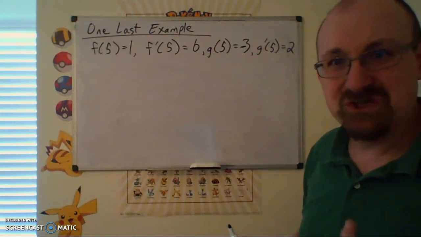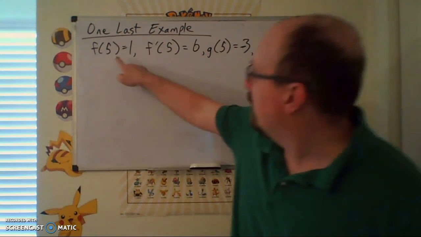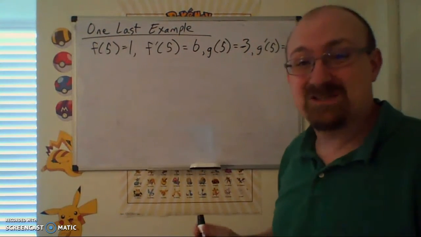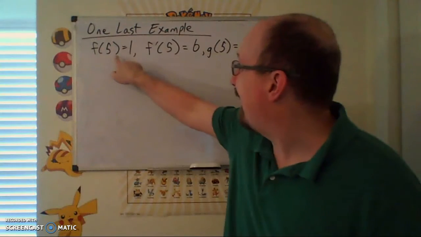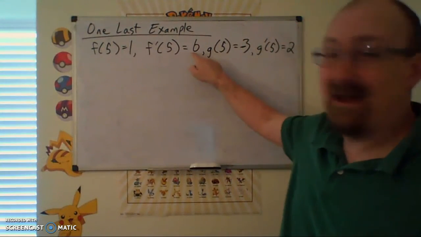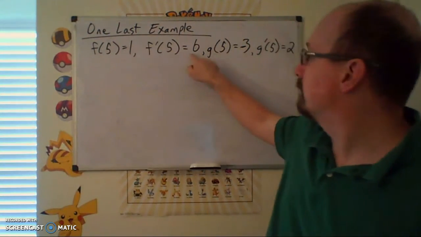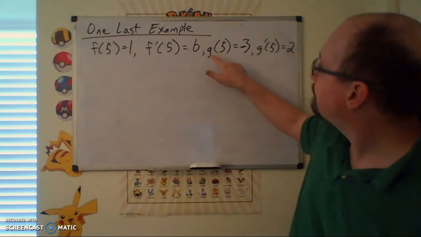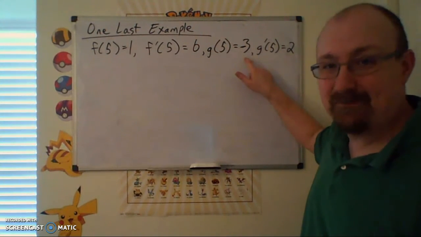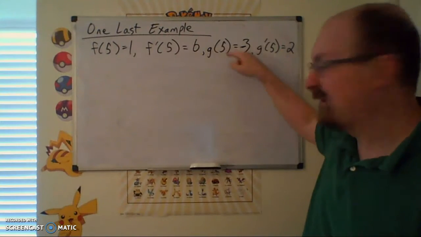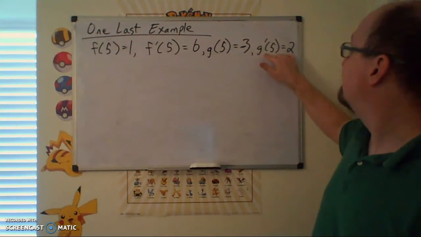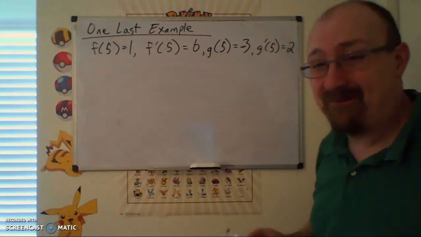I just called them f and g for simplicity's sake. And we know what their values are for an x coordinate of 5. So f of 5 is 1, f prime of 5 is 6, function value, derivative value, okay? g of 5 is -3, note the negative, also no derivative here, just a function value. And then lastly, g prime of 5 is 2.